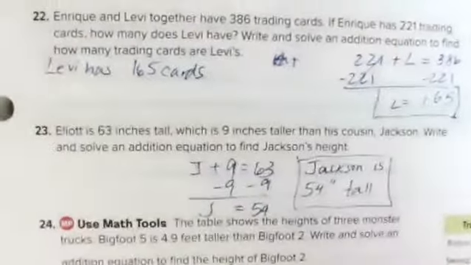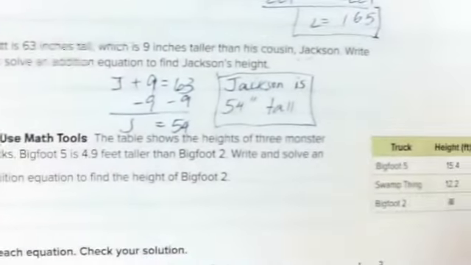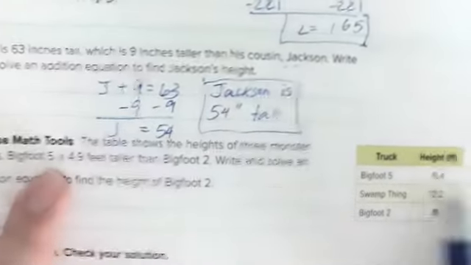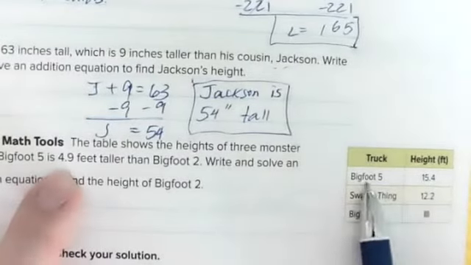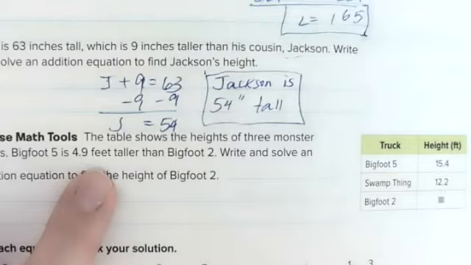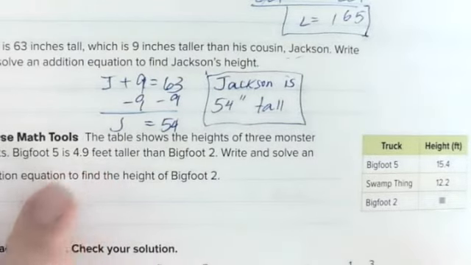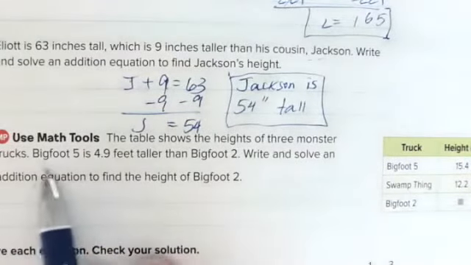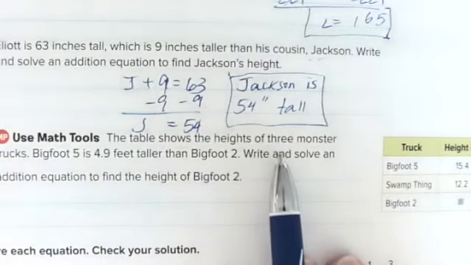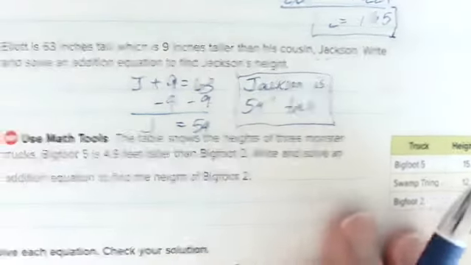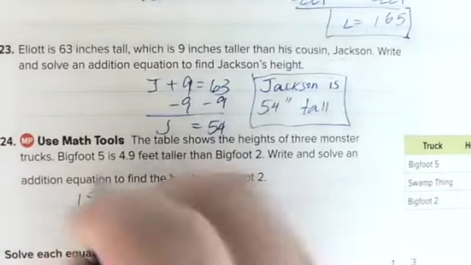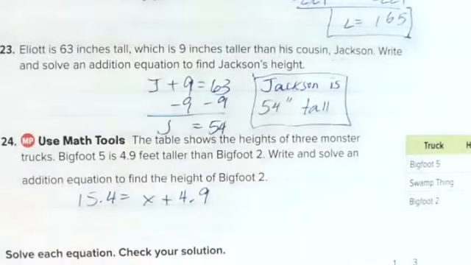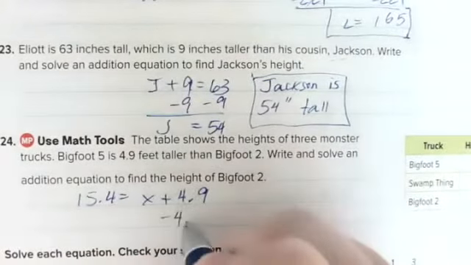J equals 54. Number 24. The table shows the heights of 3 monster trucks. Bigfoot 5 is, excuse me, Bigfoot 5 is 4.9 feet taller than Bigfoot 2. Write and solve an addition equation to find the height of Bigfoot 2. So we would say 15.4 equals x plus 4.9, and then we would subtract the 4.9 from each side.